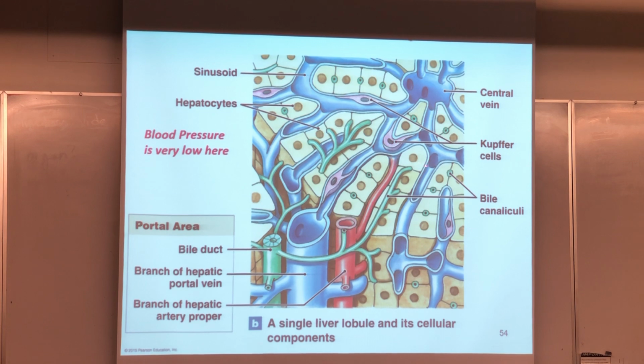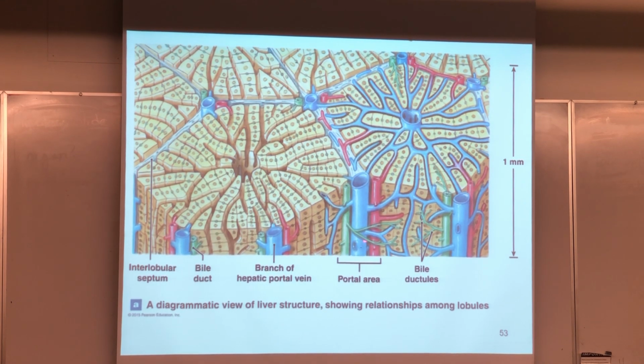So hepatocytes make their bile, it enters into the bile canaliculi, which will drain in the opposite direction into a bile duct. So if we step back, we realize it's like a big plumbing system for a multi-story complex. I've got water coming in, I've got sewage coming out, in a sense.